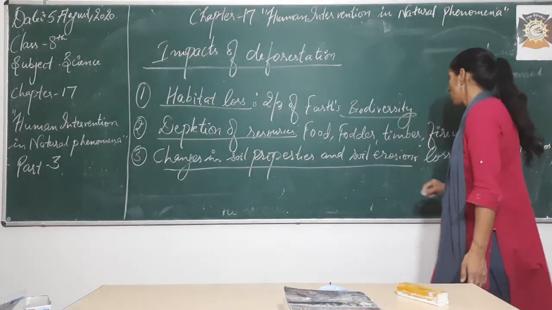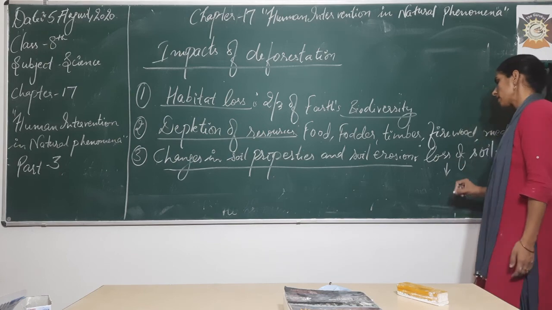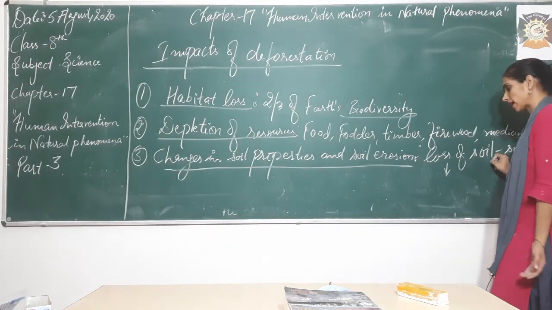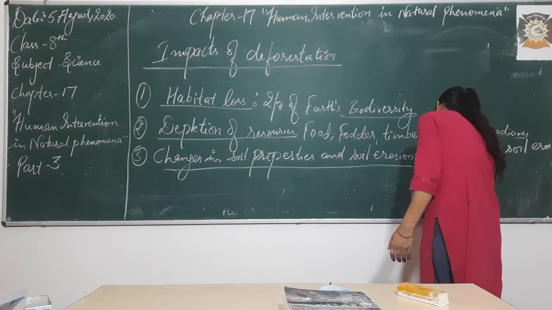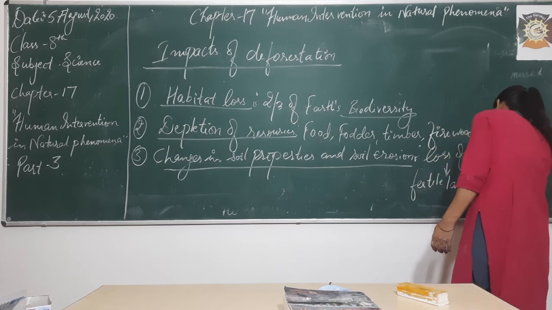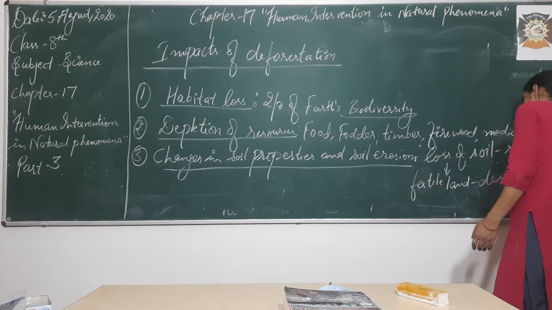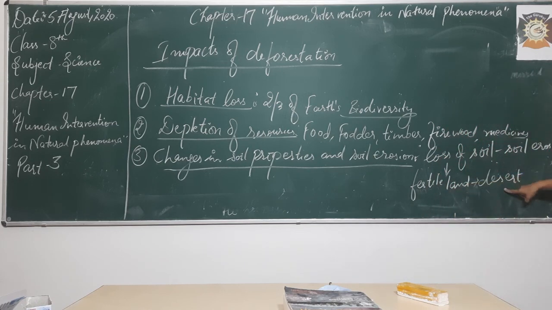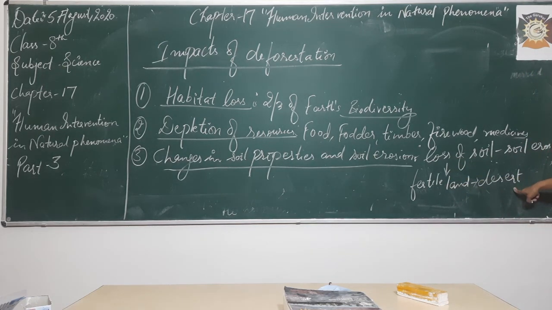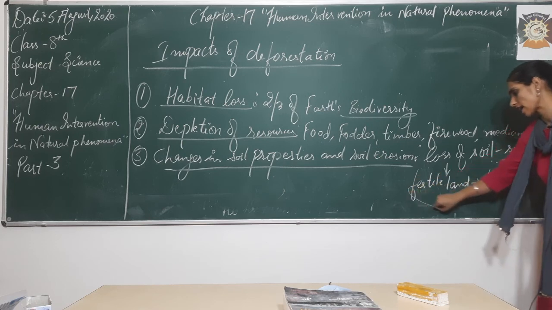And next, what other impact could there be? If there is a loss of soil, that means fertile land will change into desert. See carefully, because of this loss of soil, the fertile land will change into desert. And what is this process known as?